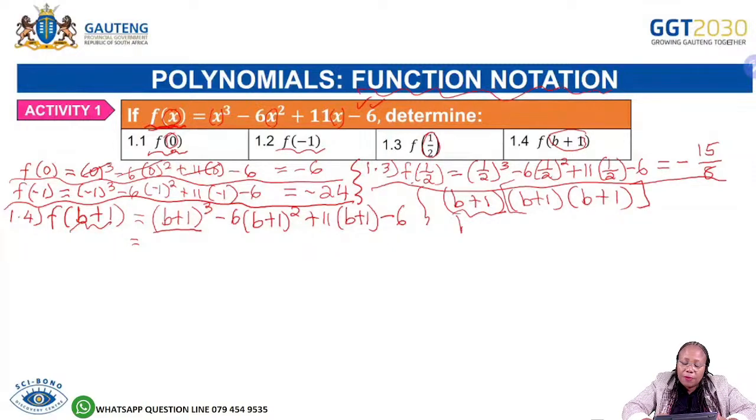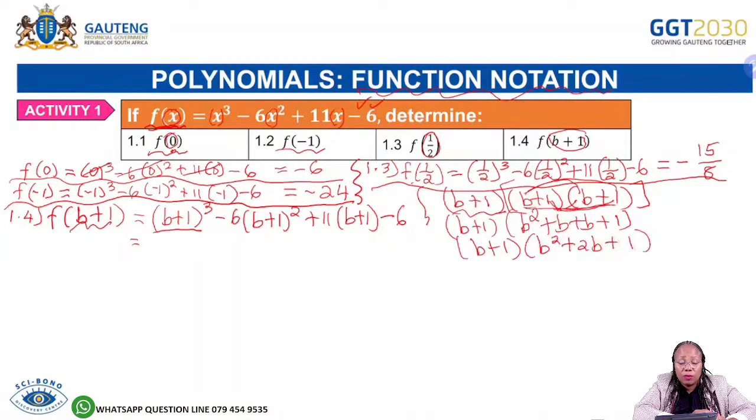It will be b times b, which is b squared, b times 1, that is b, 1 plus b, that is b, and then 1 times 1, that is 1. These two brackets give us b squared plus 2b plus 1. Okay, that is the first multiplication here.